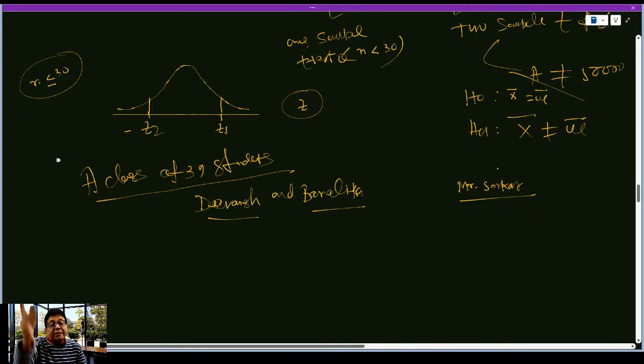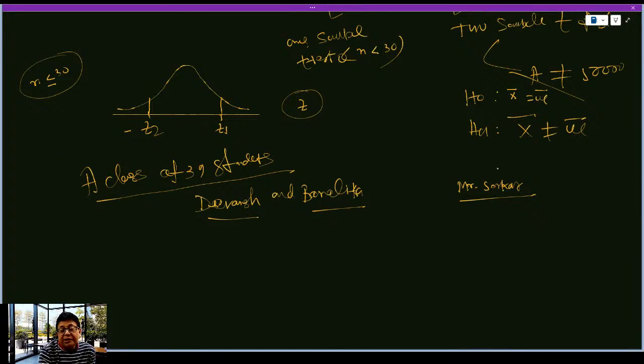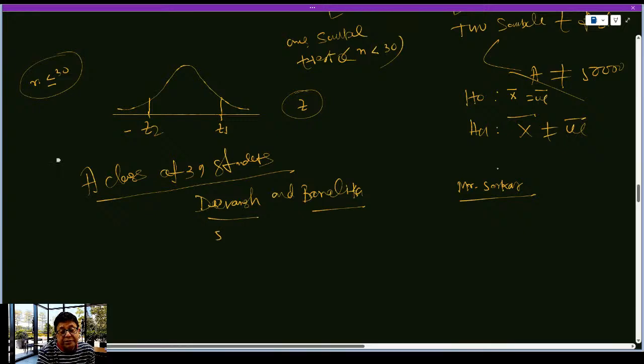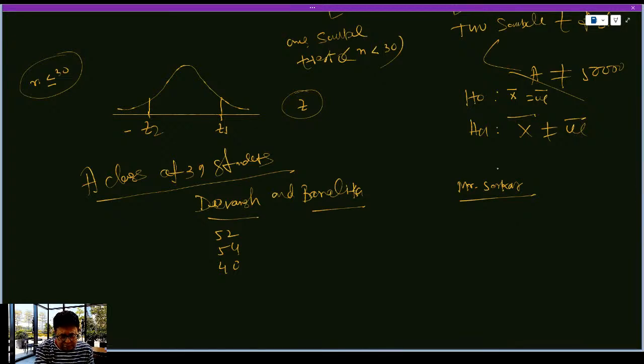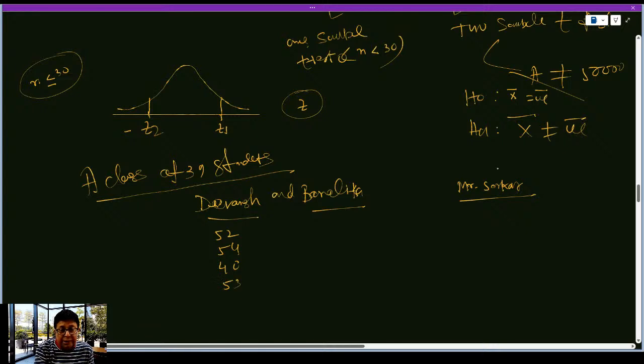Out of 39 students, Devans has taken the marks in applied mathematics for 5 students: 52, 54, 40, 53, and 43.